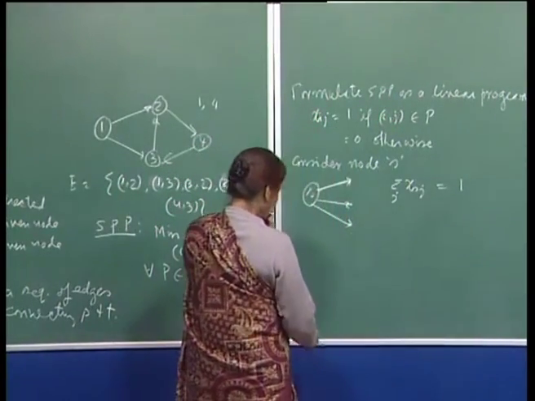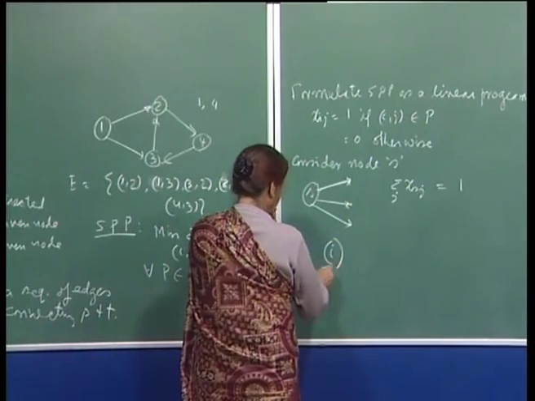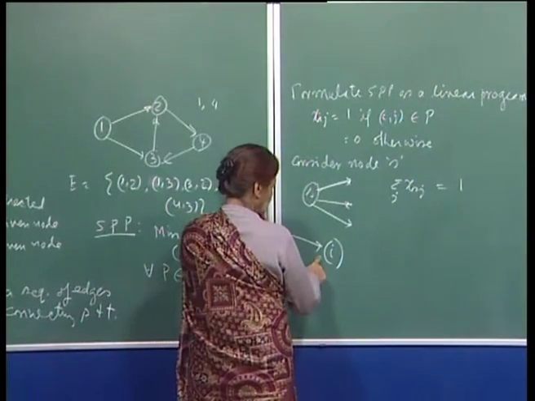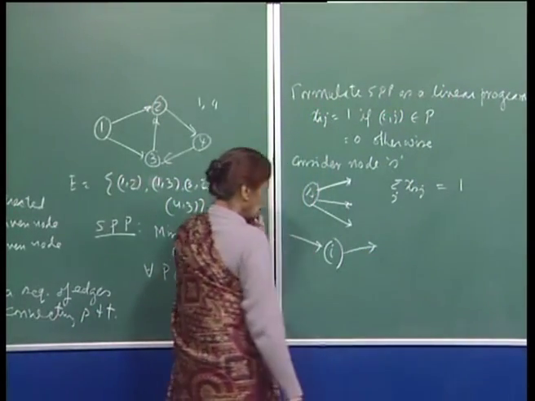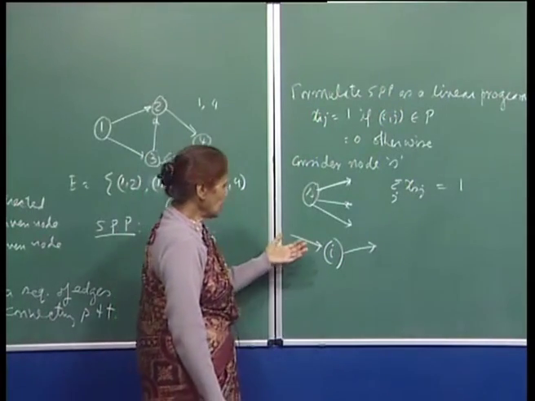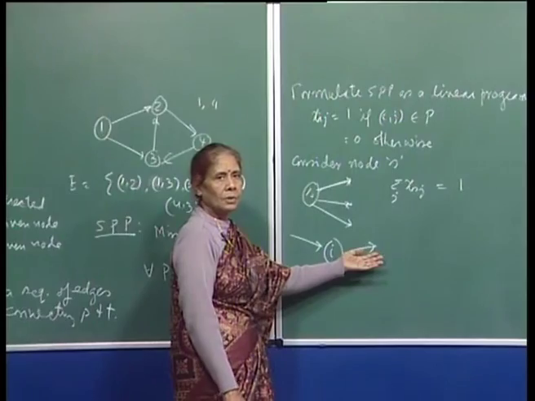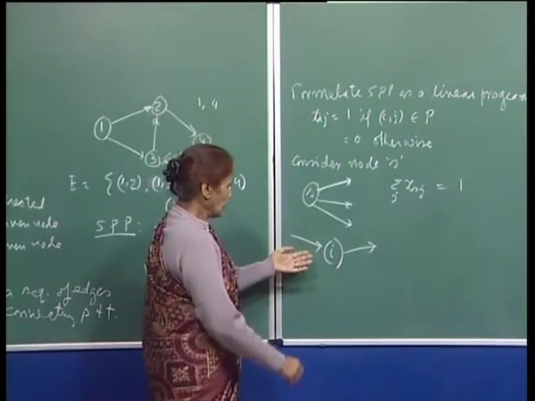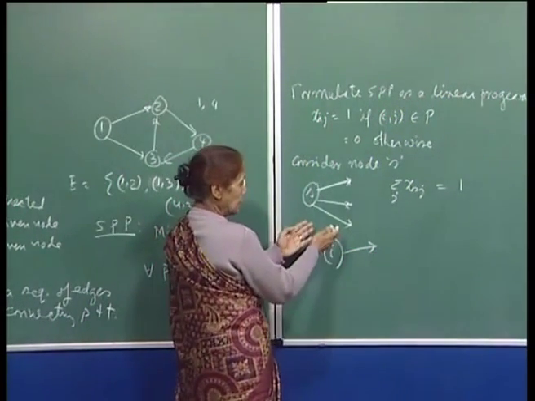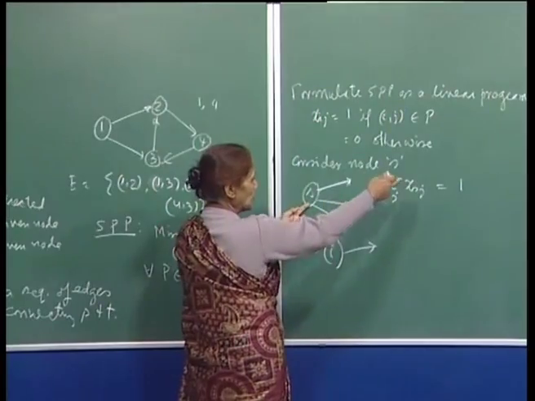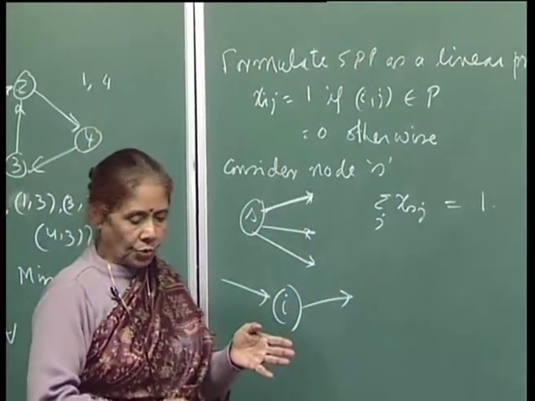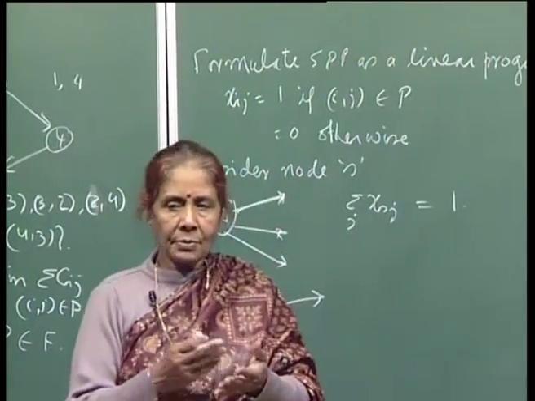Then for any intermediate node on the path, an edge will enter the node and an edge will leave the node. My objective is to go from S to T, so if I reach an intermediate node, I must leave it.